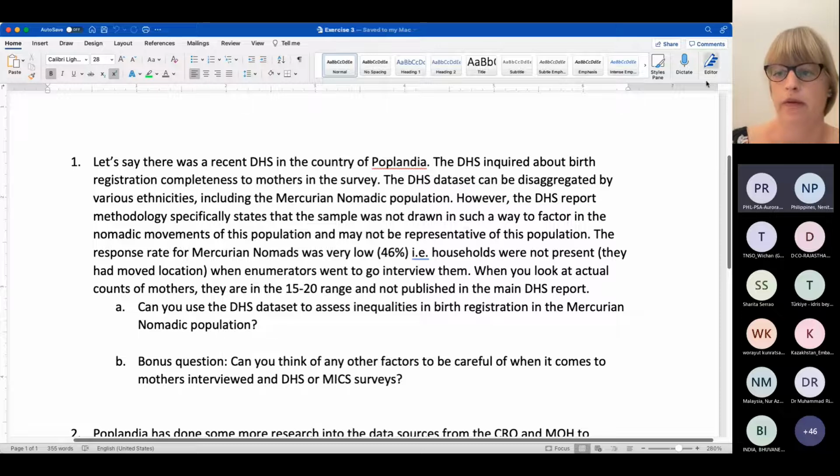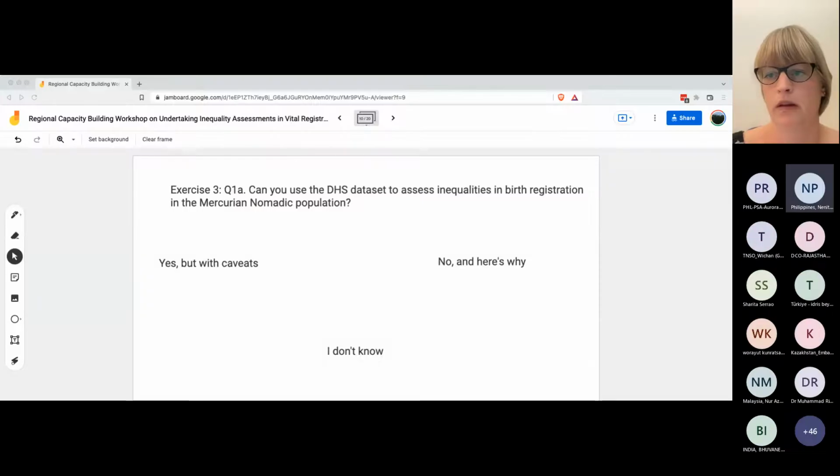So have a think about this information, process it a little bit and see what you think. And then we can go to the Jamboard. It looks like we are on slide number 10.